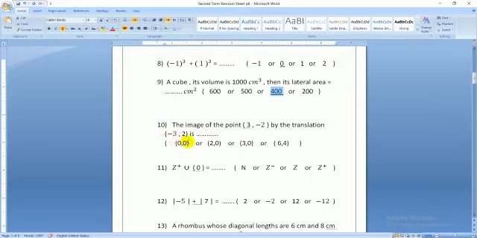We add the x of the point to the x of the translation, and the y of the point to the y of the translation. So 3 plus negative 3 equals 0, and negative 2 plus 2 equals 0 also. So the image of this point will be (0, 0), which is the origin.